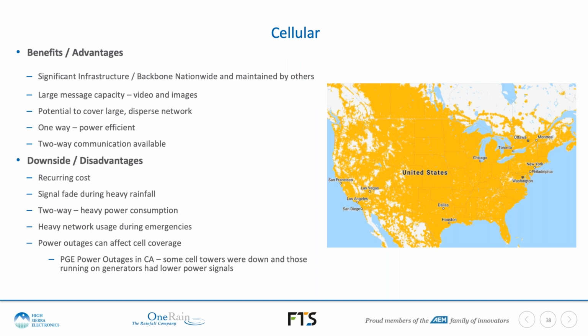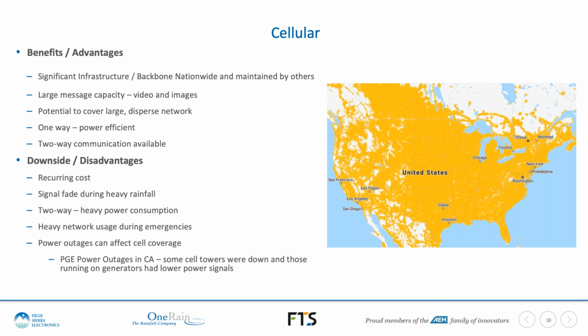Some of the downsides, like other commercial solutions, you've got the recurring cost. There's also signal fade during heavy rainfall events, and we're talking about hydrology data here. Some of the most important data you're looking for are during high rainfall events. So that could be a problem. If you've got marginal signal normally, you could be losing data during storms.